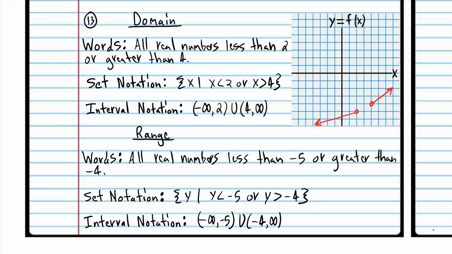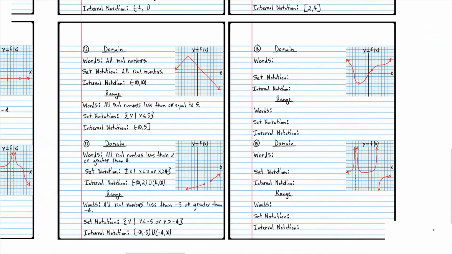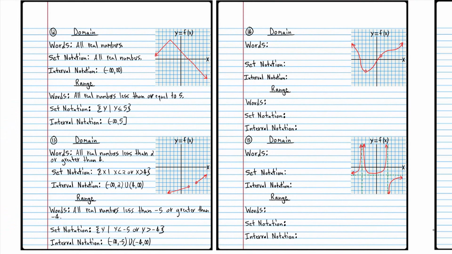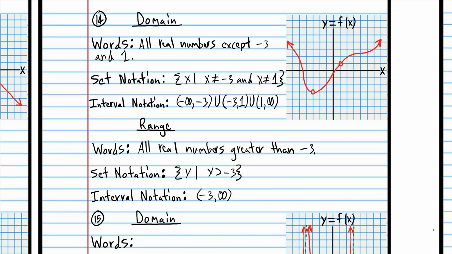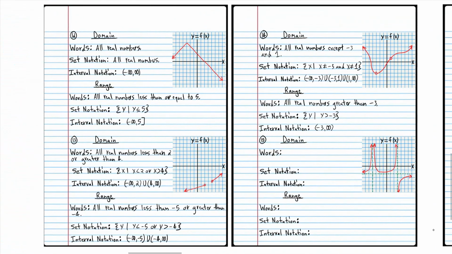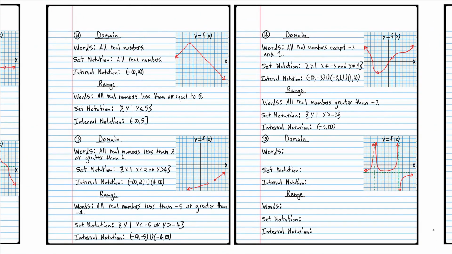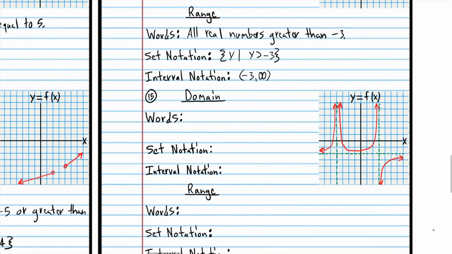Okay, so if you got that right, excellent. Go ahead and try number 14. Again, the purpose of this is to review interval notation and also to review the concept of domain. So try number 14. When you come back, we'll do it together. Okay, we're back. So if you got that right, excellent. Okay, go ahead and try number 15. And when you come back, we'll do it together. Okay, we're back.